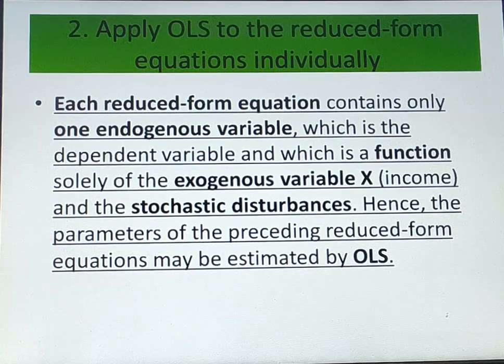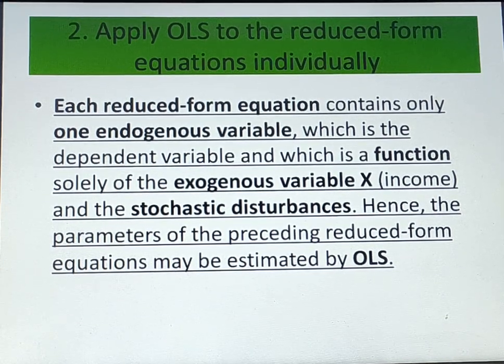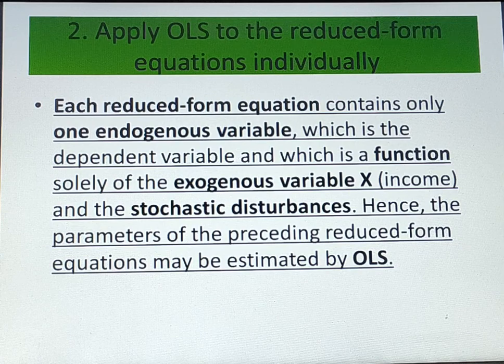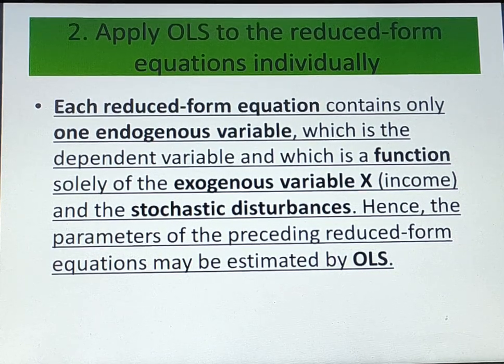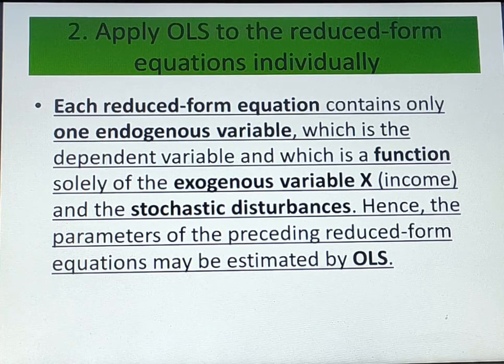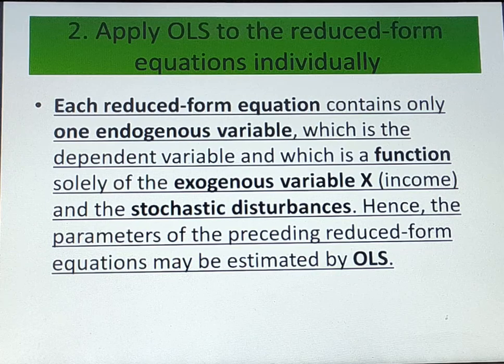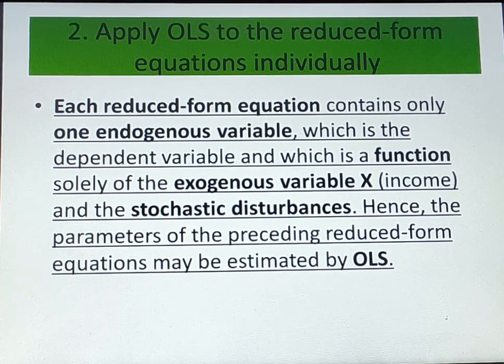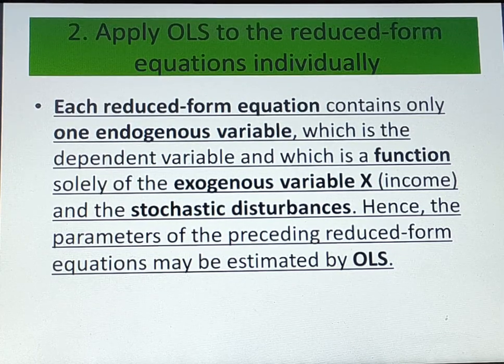What does it mean? It means that the reduced form equation is that equation where the dependent variable is only a function of exogenous variables and the stochastic term, and where the stochastic term and the exogenous variable are uncorrelated. Therefore, the method of OLS can be applied here and we can obtain the estimates of the reduced form equations.